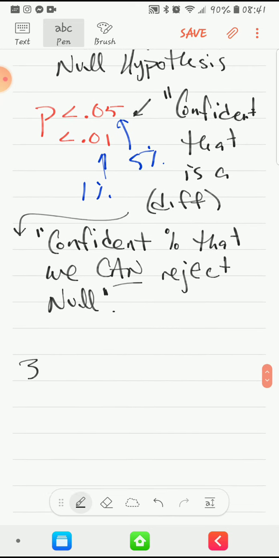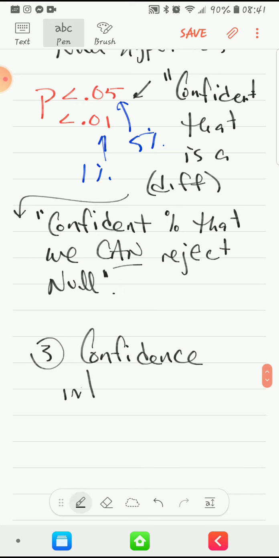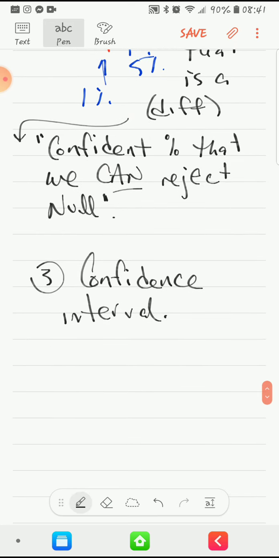The third one is a confidence interval, okay? So the confidence interval takes one sample, right, one data set, instead of two.